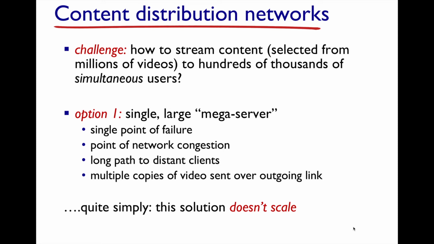Where do you place this single server? If you place it, say, in the middle of the country, in the Midwest somewhere, maybe people in California and Seattle, it'll be slower because there are more hops to go over to get to that content. And people on the Atlantic coast, it's going to be slower. Let's say you decided I'm going to put it on the East Coast, then maybe people on the West Coast are going to be slow.